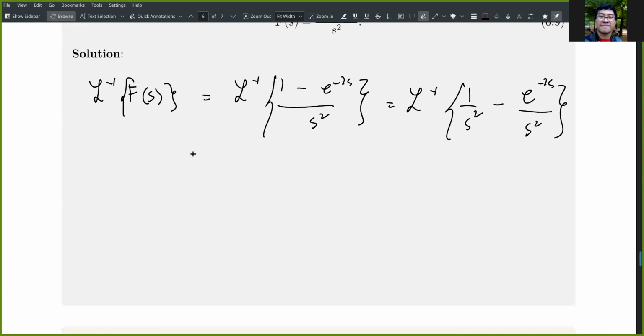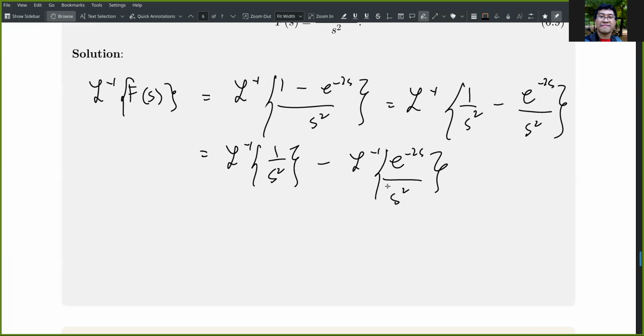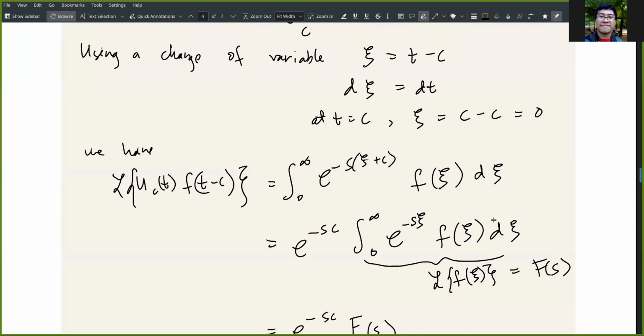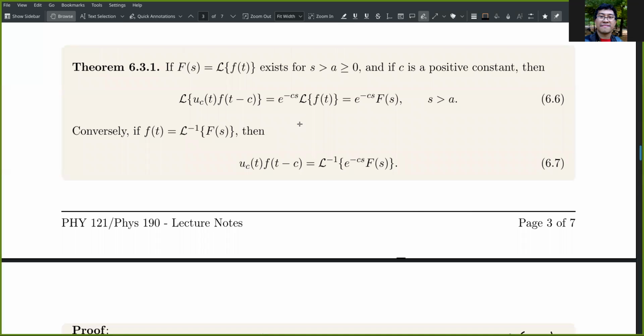And since the Laplace transform is linear, this is L inverse of 1 over s squared minus L inverse of e^(−2s) over s squared. So using the Laplace transform of t equal to 1 over s squared for s greater than 0, and theorem 6.3.1, is that 6.3.1? Yes, this one.